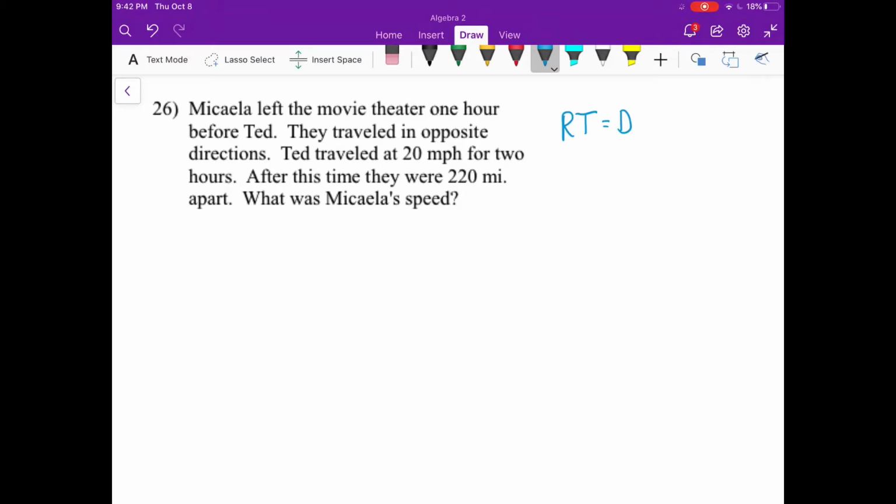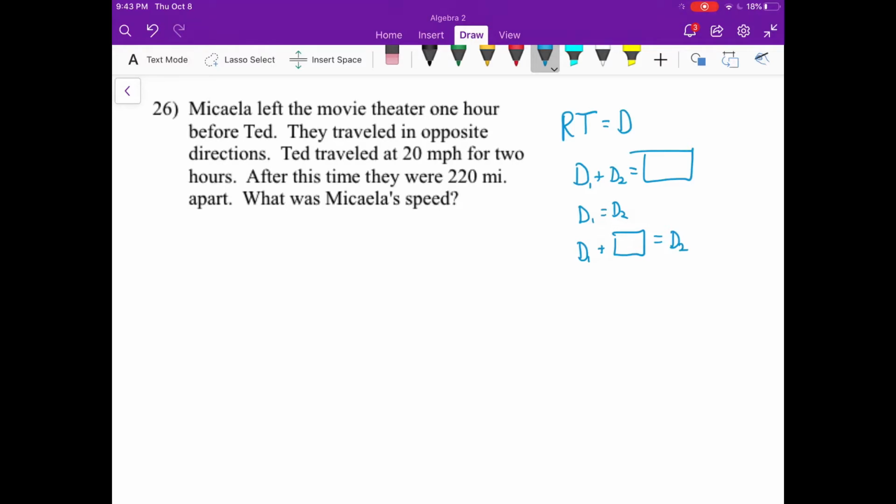The distances either add together, so distance 1 plus distance 2 equals some total distance. The two distances might be equal to each other. And the other option is sometimes distance 1 plus or minus some other number will give you the second distance. So we want to look at this and relate the distances.